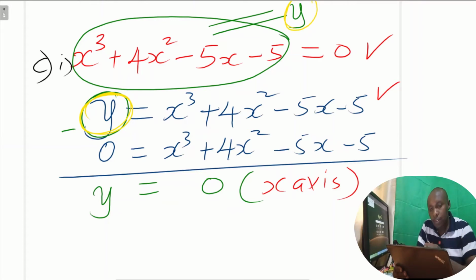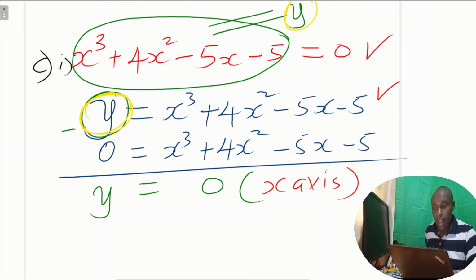So if you substitute the left hand side of the equation with y, you get y is equals to 0, and that still will give you the solution, since that will still be the x-axis. Now let's go directly to the graph and get the points where the curve has touched the x-axis.